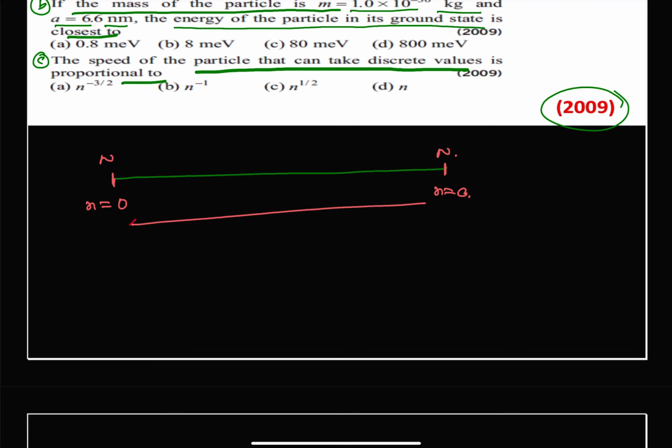So this distance is our a, and there will be alternation of node as well as antinode. First is node, second will be antinode, similarly node, and here also we are going to have antinode as well as node, and this process is going to continue.